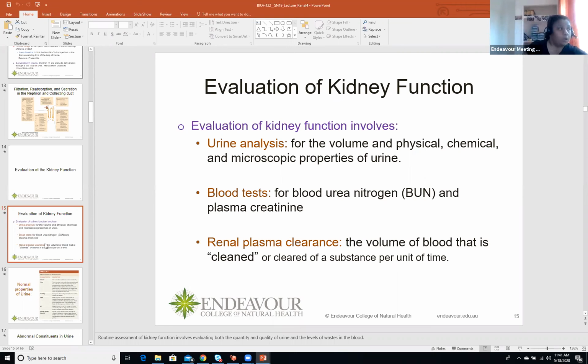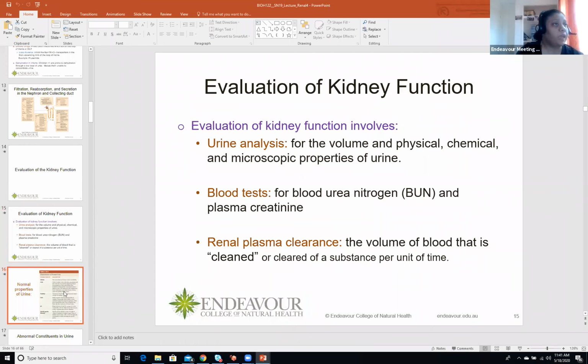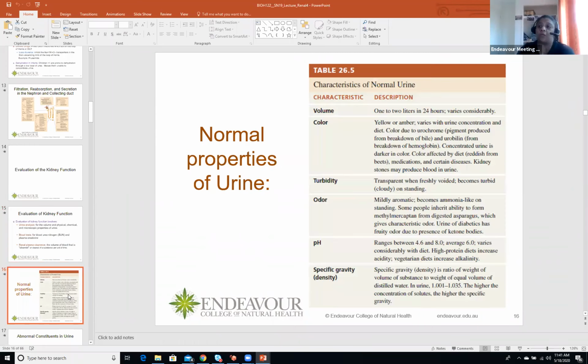Okay. So just normal properties of urine. Under normal circumstances, when the person is drinking, say, about 2 liters of water in a day, whatever fluid is taken into your body, including the fluid diet and everything, almost 99% of that is reabsorbed, and about 1% is eliminated out of the body, right? So it is actually balanced.